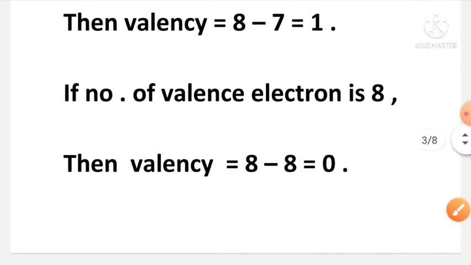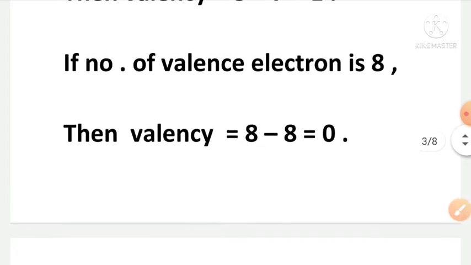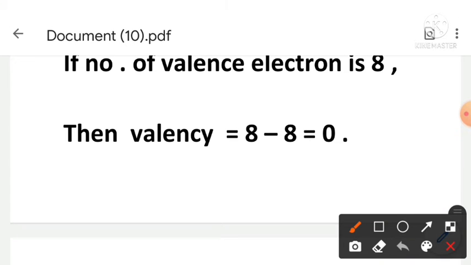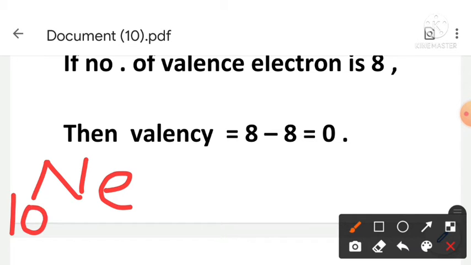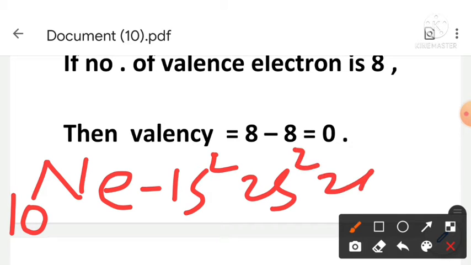Now the next condition we see, if the number of valence electrons is 8, then by using the octet law we derive valency is 0. Now here we take neon. We know that Z of neon is 10. So 1s2, 2s2, 2p6.